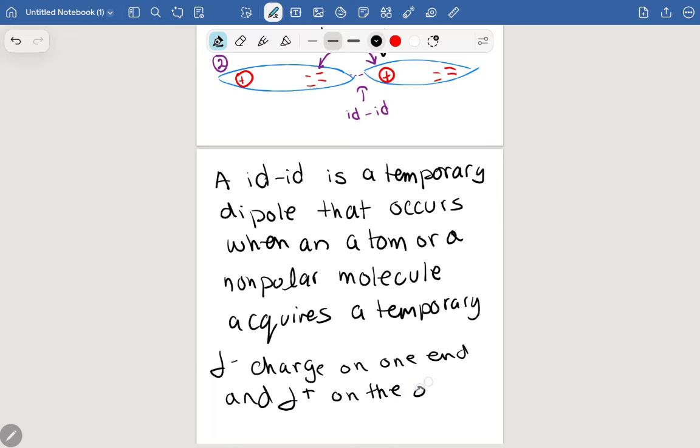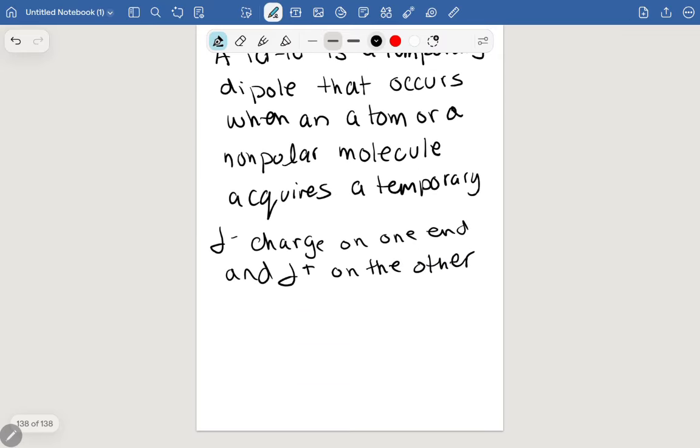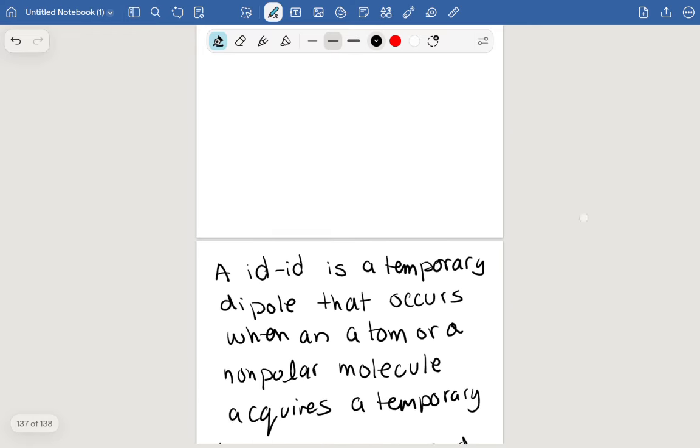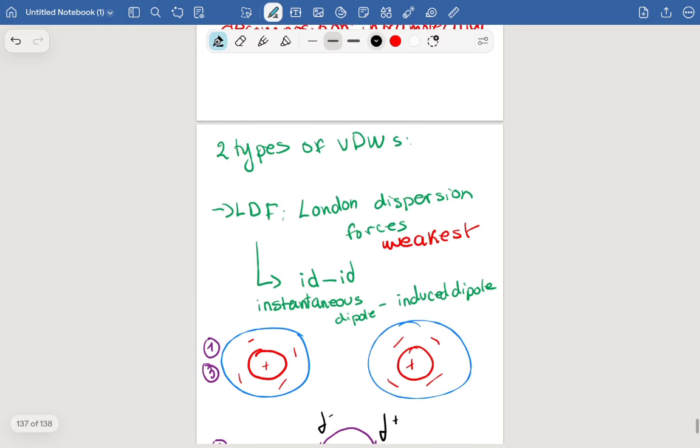Okay, so this is all we need to know for the London dispersion forces, IDID. It's the weakest force, and we just explained how it happens.